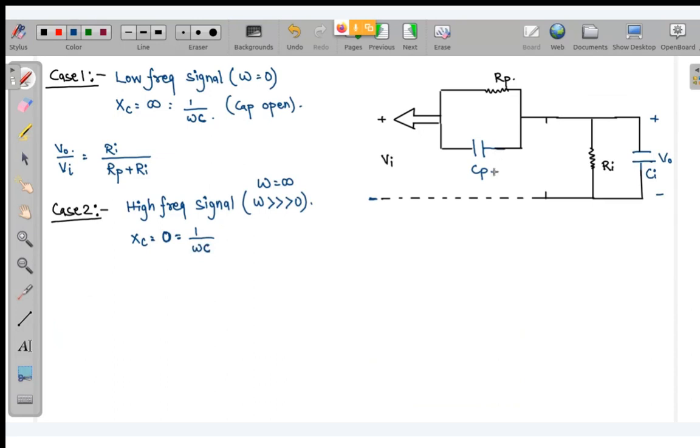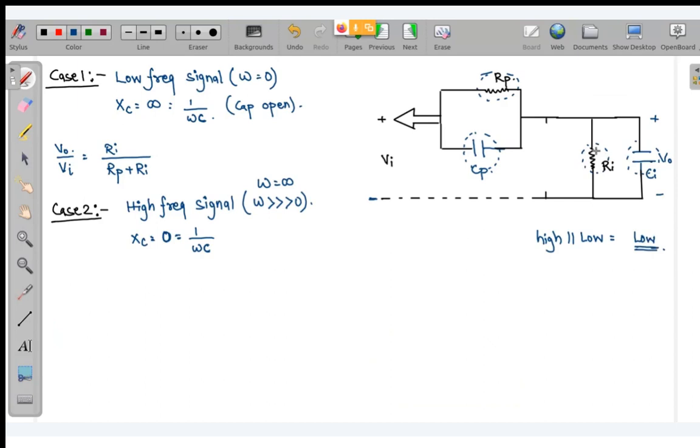So now you can see this capacitor, which has very low impedance, is in parallel with resistances which are high. We know the parallel combination of high and low is even lesser than this low value.